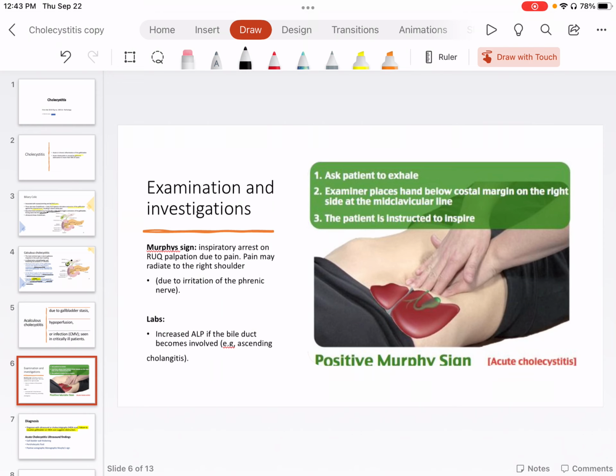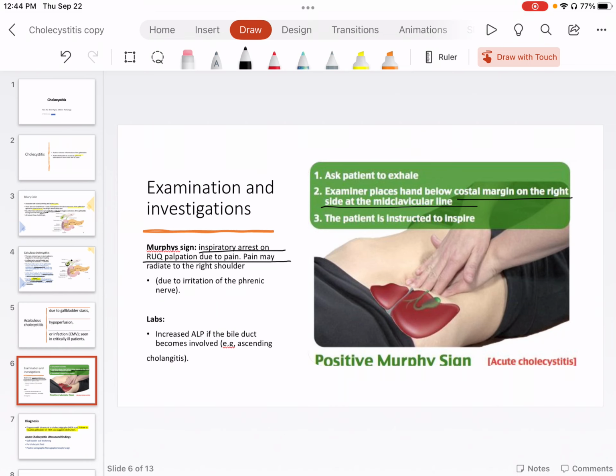You may have heard about Murphy's sign. What exactly is it? When you ask a patient to exhale, the examiner places his hand below the costal margin on the right side at the midclavicular line. The patient is instructed to inspire. There you will notice inspiratory arrest on right upper quadrant palpation due to pain. Pain may radiate to the right shoulder.